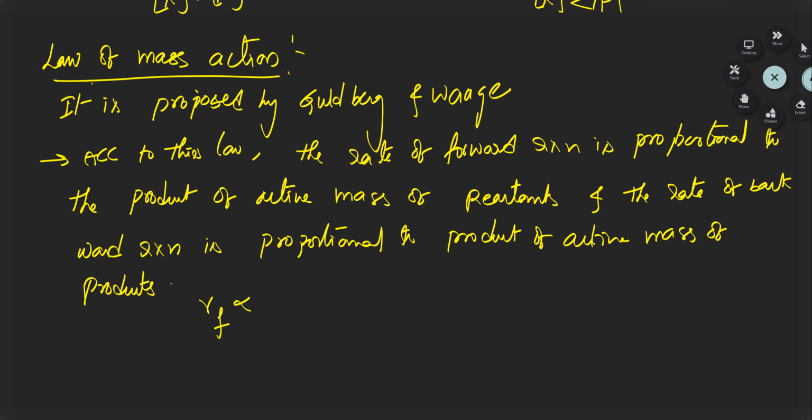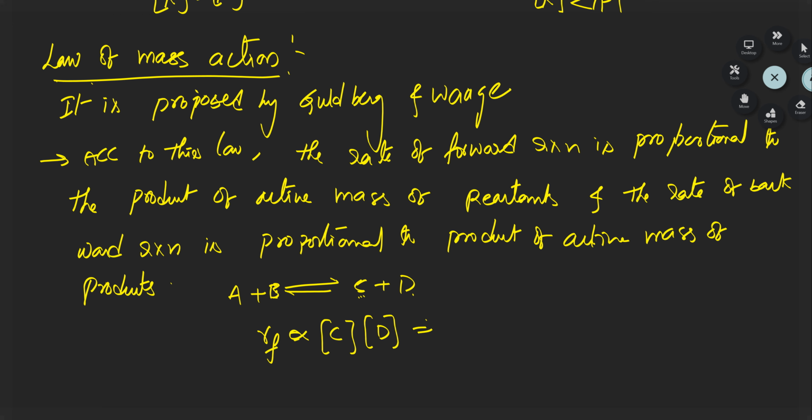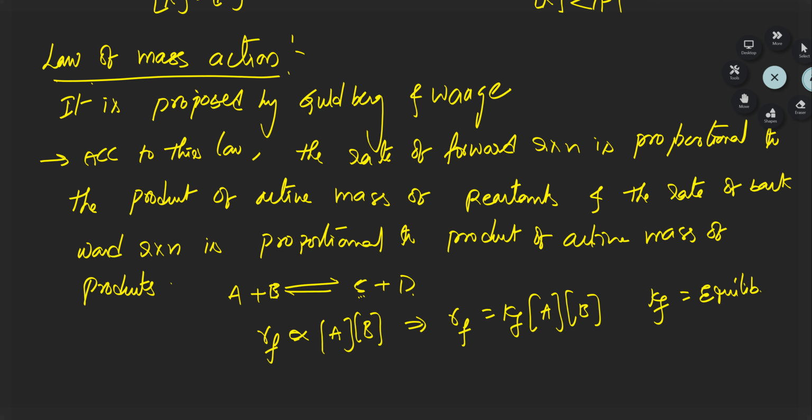So RF is proportional to, taking a reaction, A plus B gives rise to C plus D. Taking an equilibrium reaction, the rate of forward reaction is directly proportional to the product of the active masses of the reactants, concentration of A and concentration of B. So RF is equal to Kf into [A] into [B], where Kf is the equilibrium constant of the forward reaction.